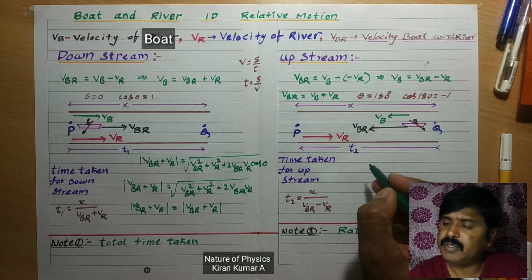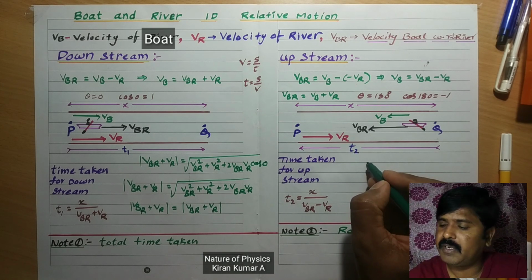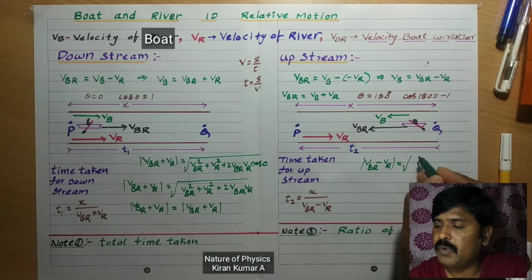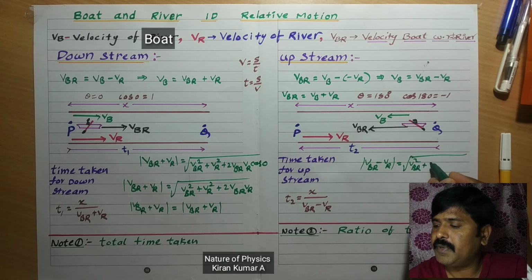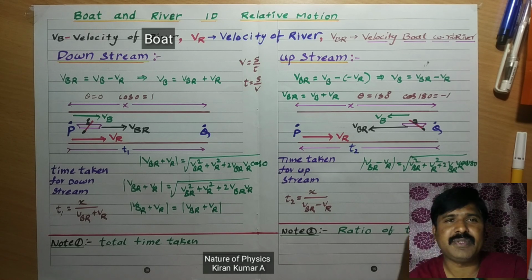Here also we can replace theta with 180 degrees in the parallelogram law of vectors. That is Vbr minus Vr equals root over Vbr square plus Vr square plus 2 Vbr Vr cos 180.